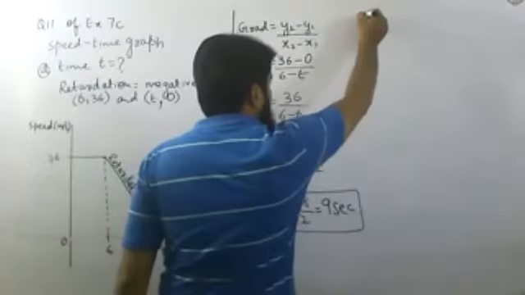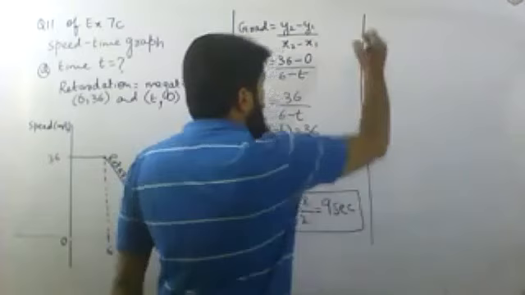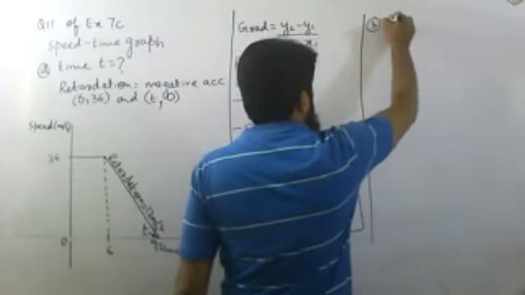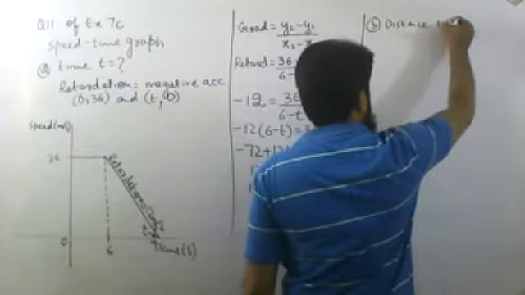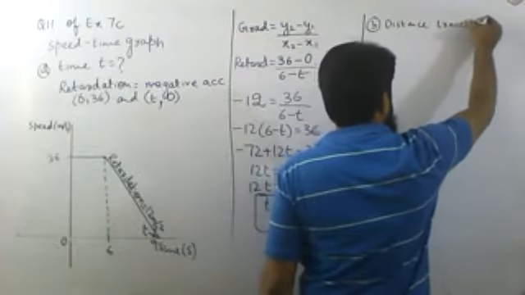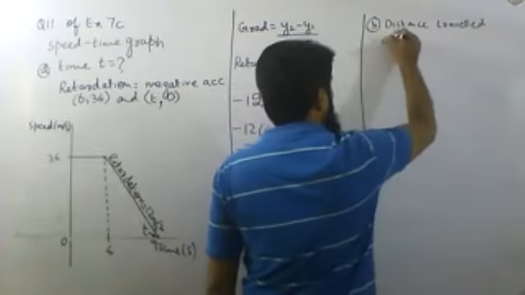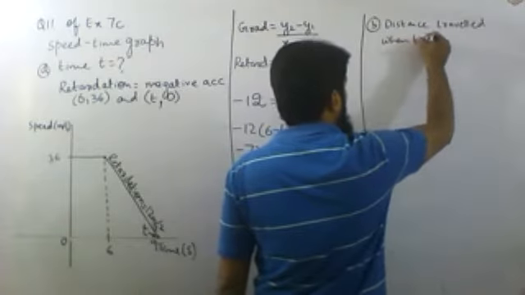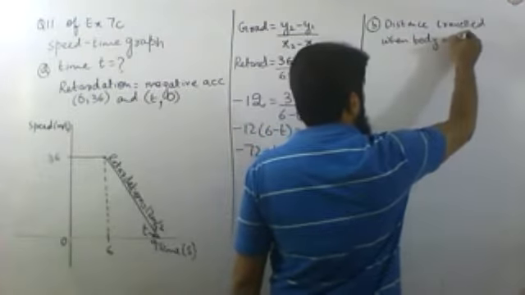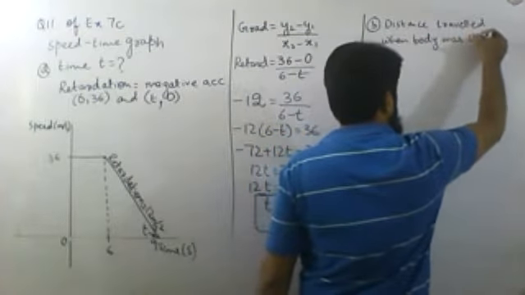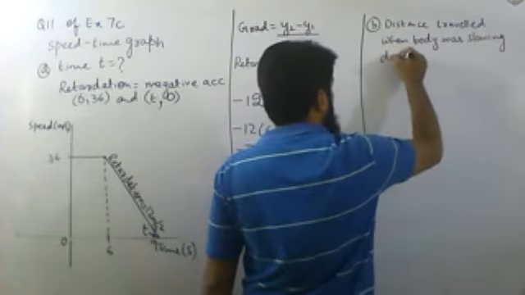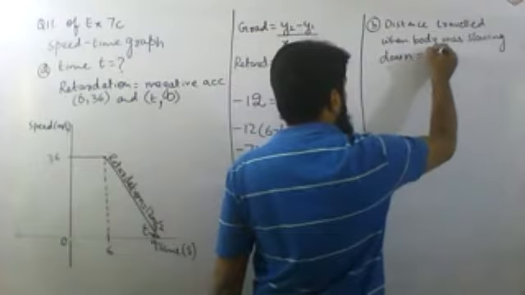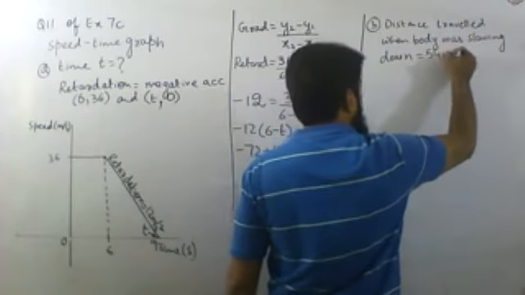Now, in B part, they are saying the distance traveled when the body was slowing down equals 54 meter.